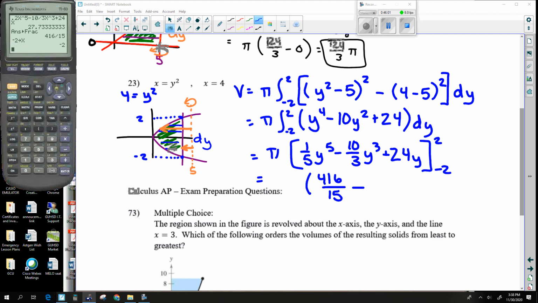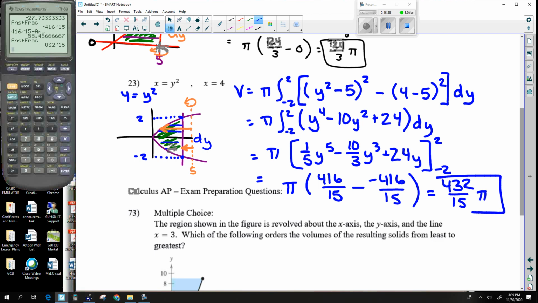It should be the same thing, but negative. Here's 832 joules. 832.